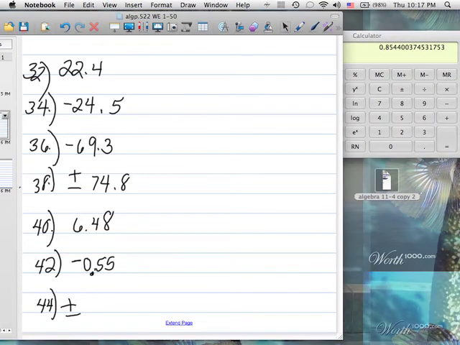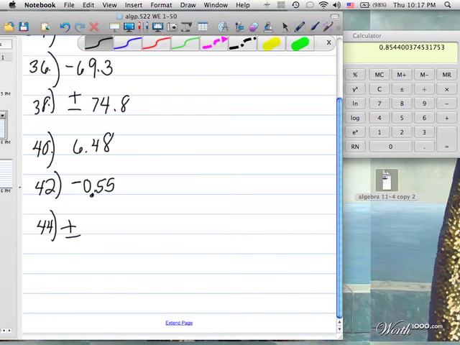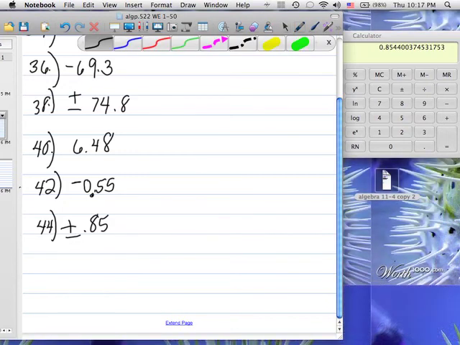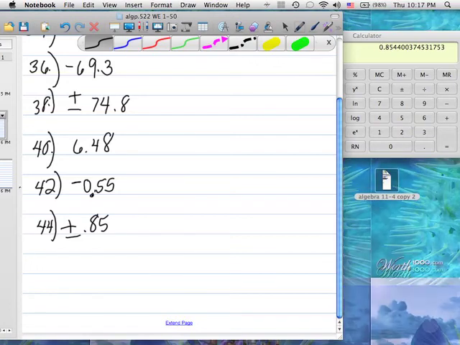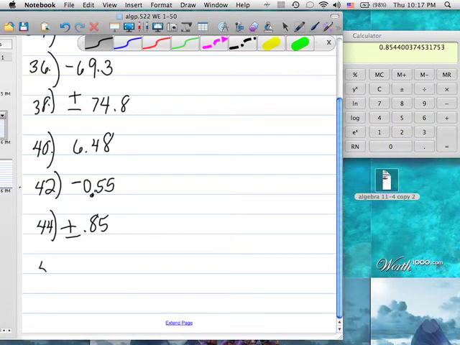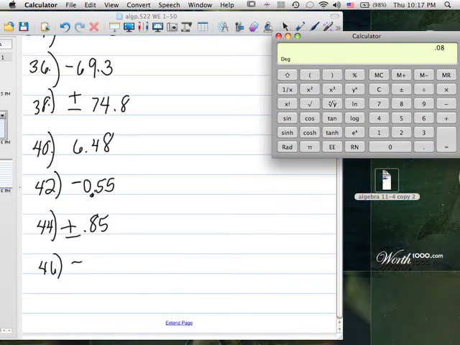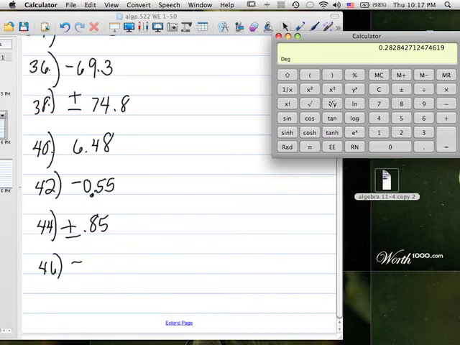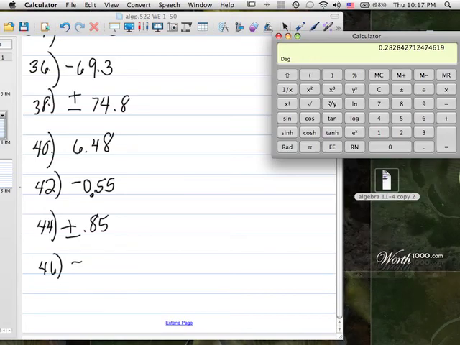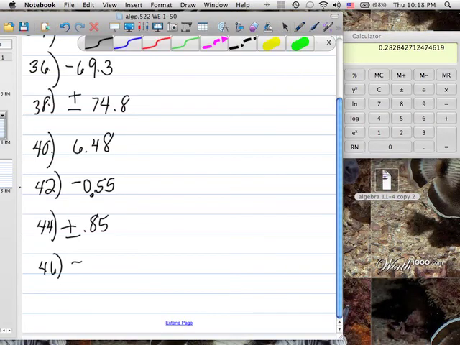That's going to the nearest hundredth, it's going to be 0.85. Positive negative 0.85. And number 46, negative square root of 0.08. To the nearest hundredths is going to be negative 0.28.